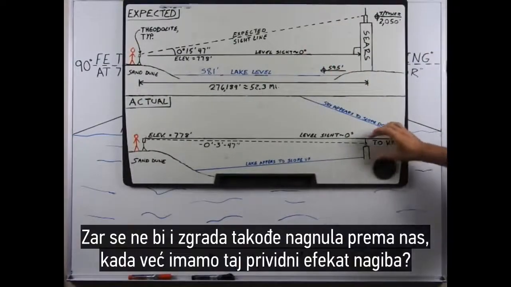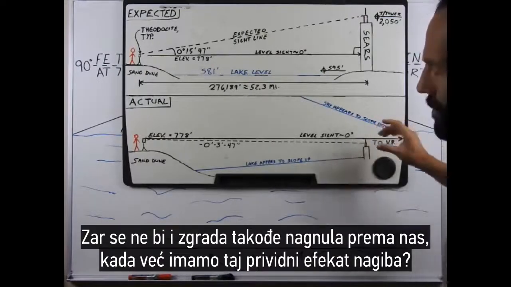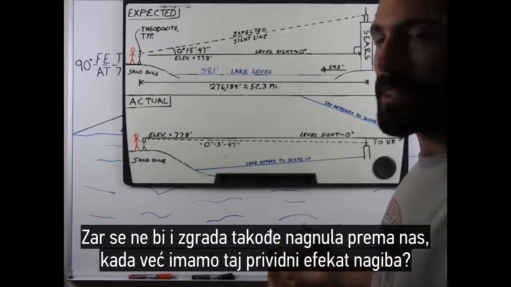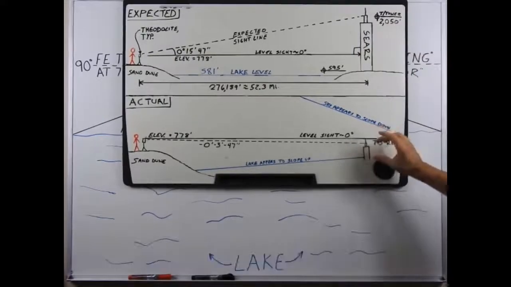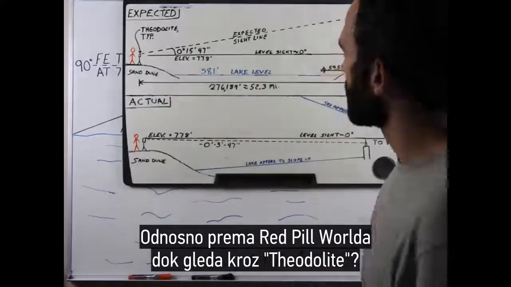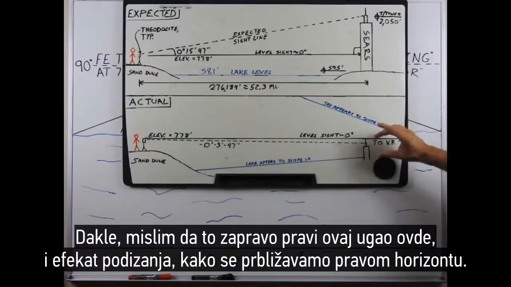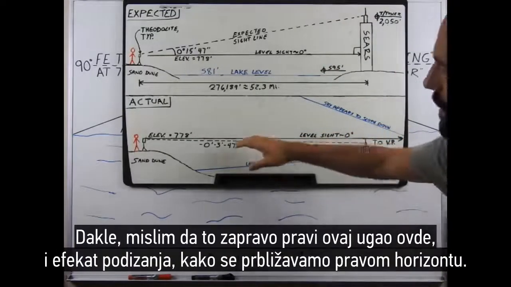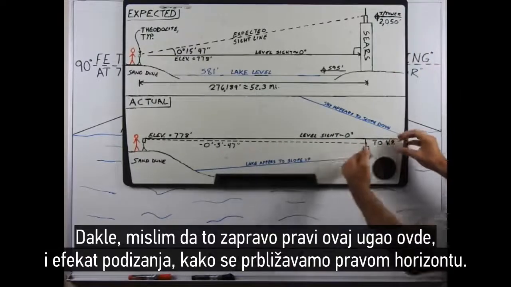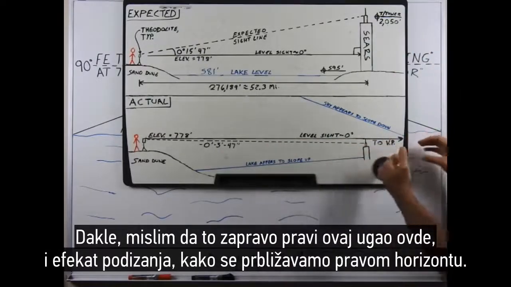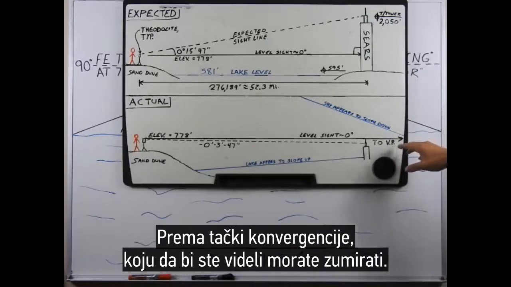And so wouldn't the building want to slope too? Wouldn't we get that apparent slope effect toward us, or toward Red Pill World, as he's looking through the theodolite? I think that is what is actually creating this angle here, and this bunching up as you get closer and closer to the true horizon, or to the vanishing point, which I think goes to infinity.